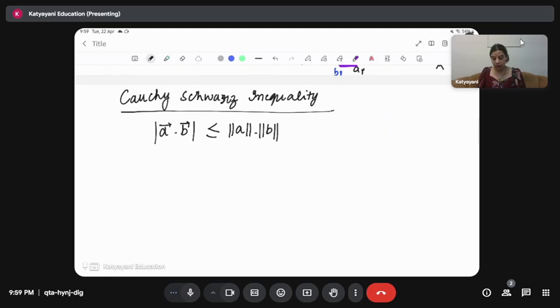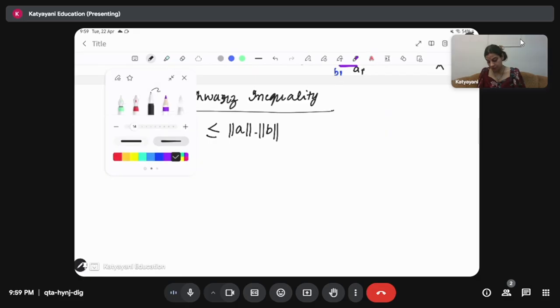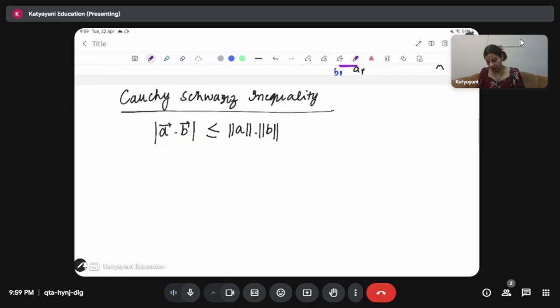So let's see with an example what they are trying to say, right? Suppose you have two vectors a and b. Vector a goes like 1, -2, 3, and vector b is -3, 2, 5. If I take the dot product of a and b, 1 would be multiplied with -3, -2 would be multiplied with 2 and 3 would be multiplied with 5.